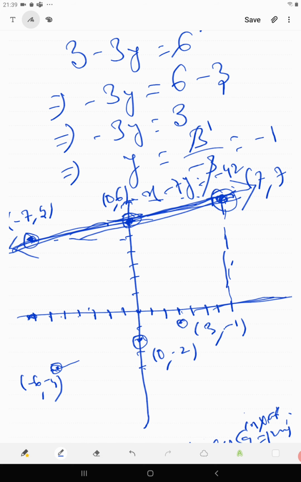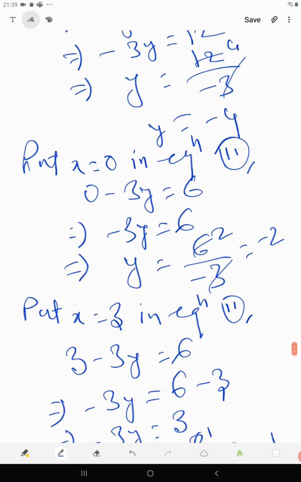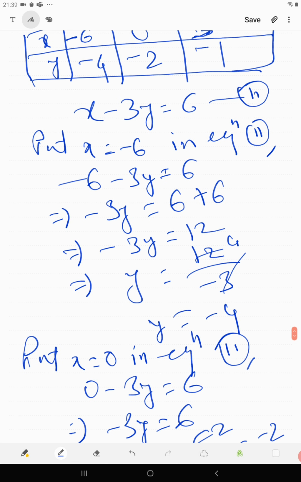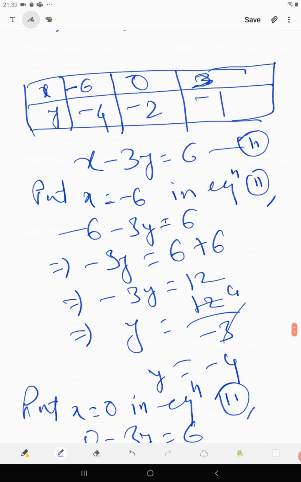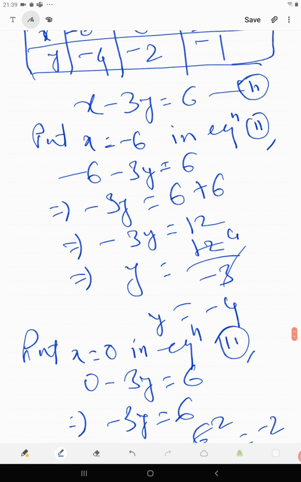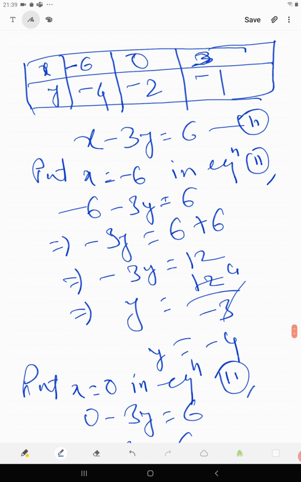If you join these, it will come in a proper straight line. If it is not coming in a proper straight line, that means you made some mistake and you need to redo it. Either in solving you made a mistake, or in taking the points. Whatever the case might be, please look at it if it is not coming properly.